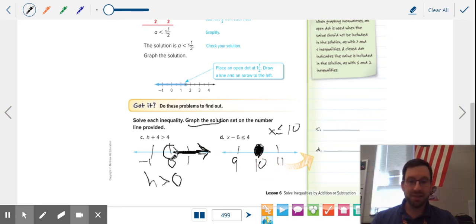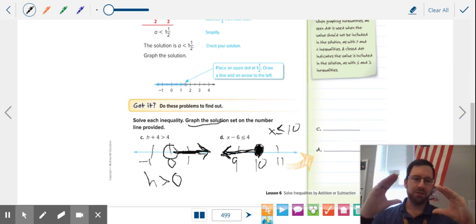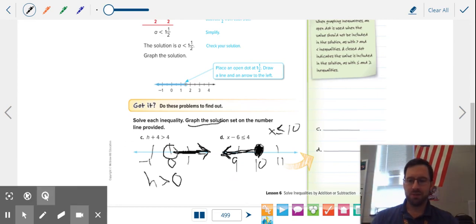Back here, since it doesn't equal the number, I don't want to color it in. Since this does equal the number, I do want to color it in, okay? Now, which side is the less than side? Which numbers are smaller than 10? To the left, less than to the left. If you make an L with your left hand. That looks like my right hand, but it depends on the mirror.